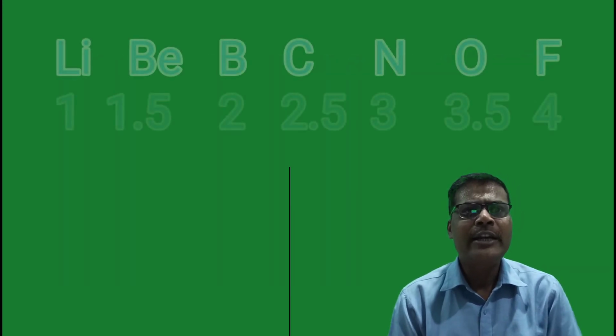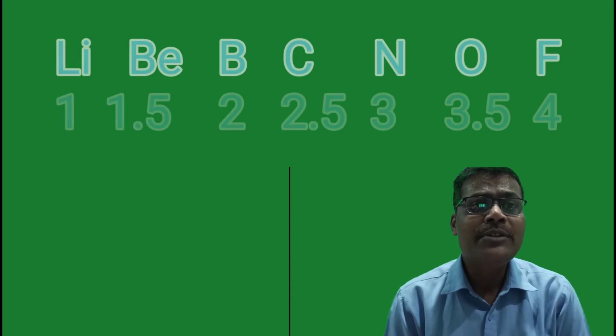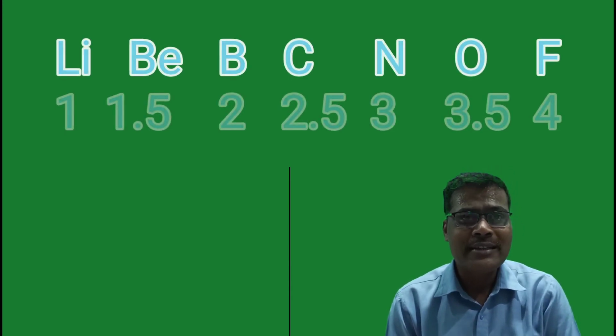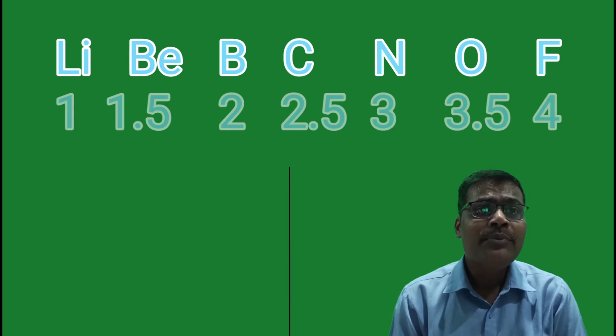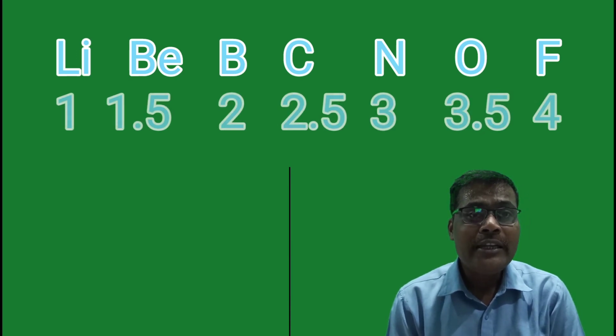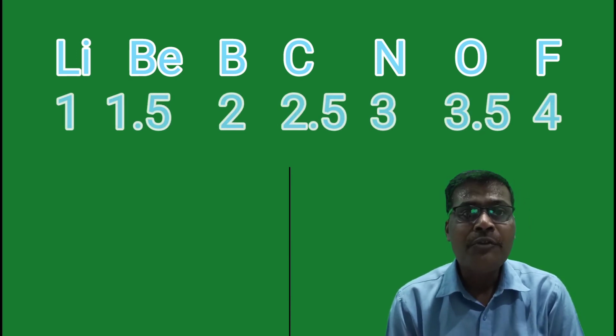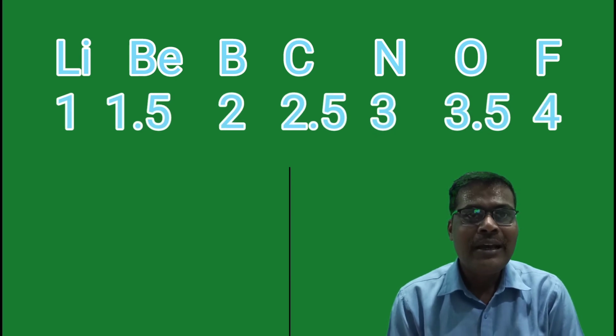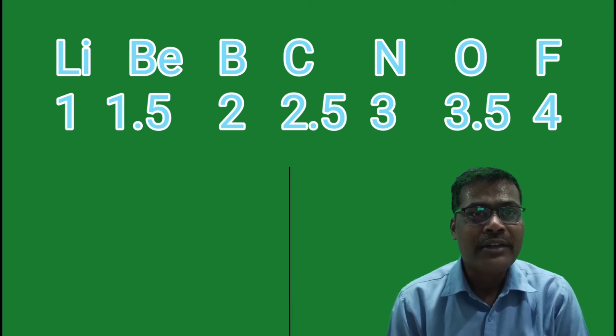Now, moving left to right, consider the electronegativity of lithium is 1 on the Pauling scale, and it goes up to 4 for fluorine. Moving left to right, for each element there is an increase of 0.5 in the electronegativity value on the Pauling scale.